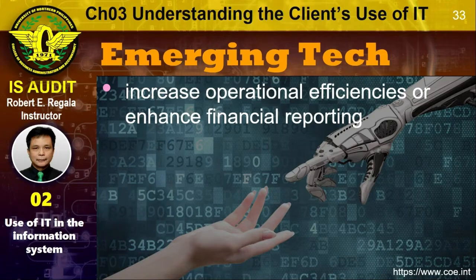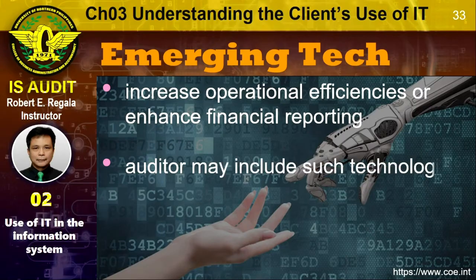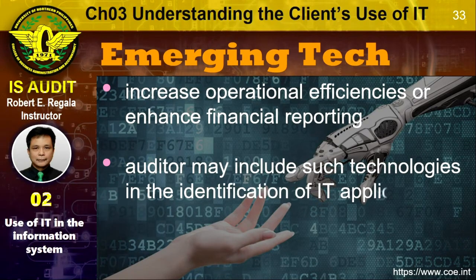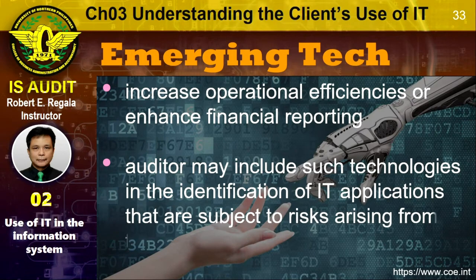When emerging technologies are used in the entity's information system relevant to the preparation of the financial statements, the auditor may include such technologies in the identification of IT applications and other aspects of the IT environment that are subject to risks arising from the use of IT.